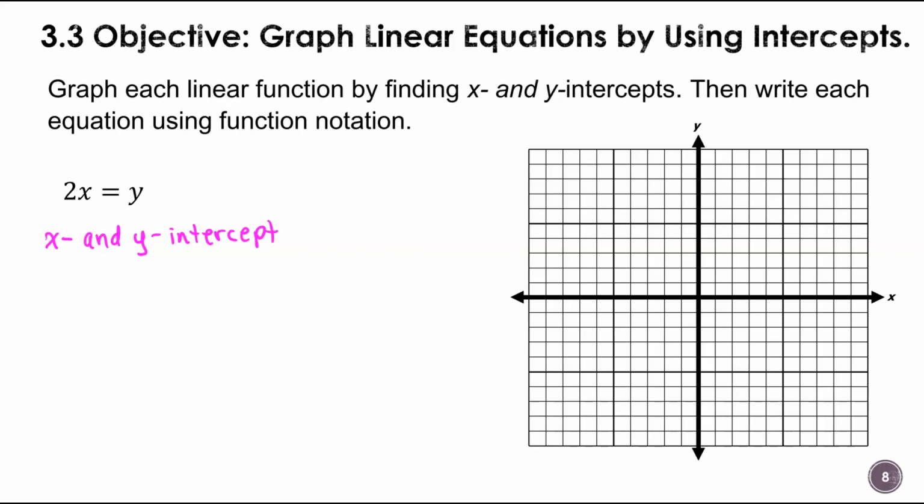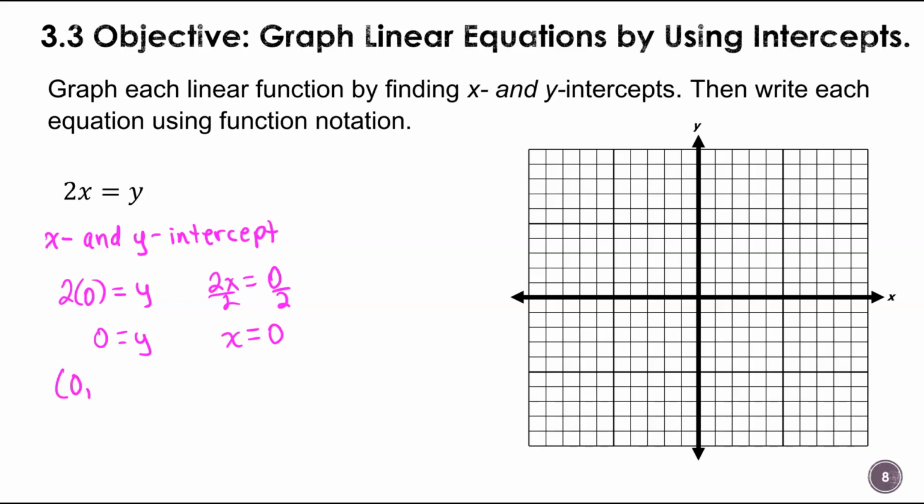Because if I put 0 in for x, then y is 0. And if I put 0 in for y, then x is 0. So my intercept is at the intersection of the x and y axis at 0, 0.